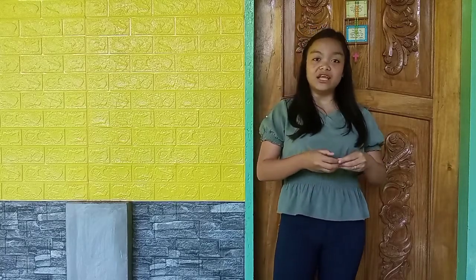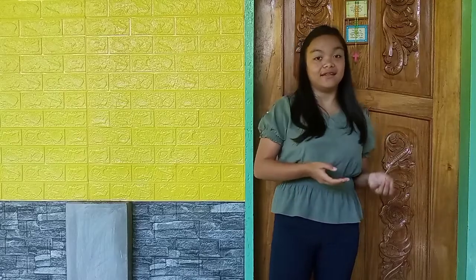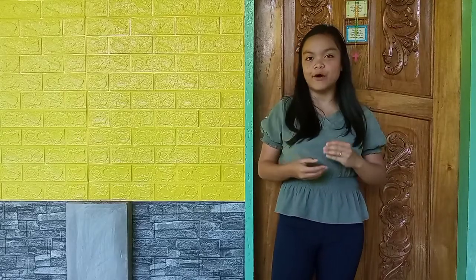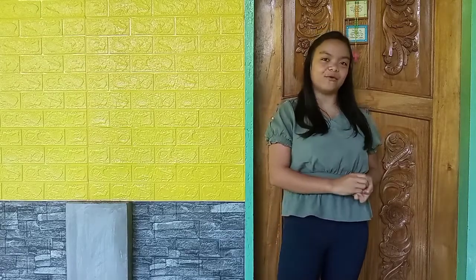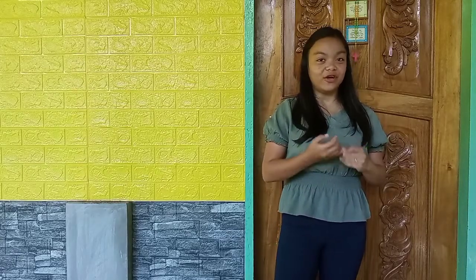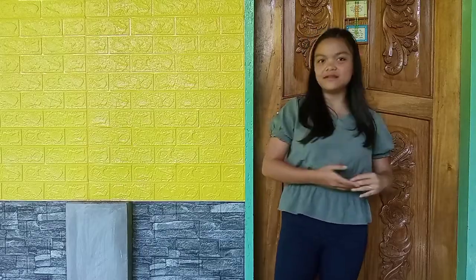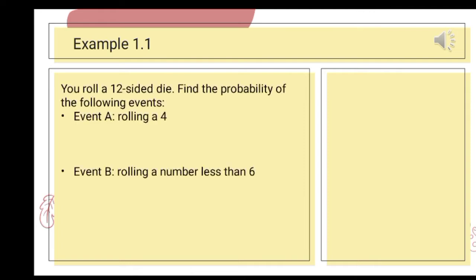Also, if it is empirical or classical, we're going to solve for the probability that the example asks for. So just focus on your screens because I'm going to display it. We have here example number 1. You roll a 12-sided die. Find the probability of the following events. Event A, rolling a 4, and event B, rolling a number less than 6.